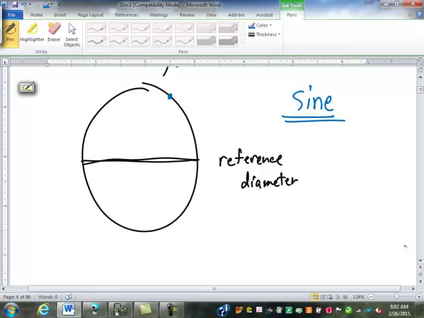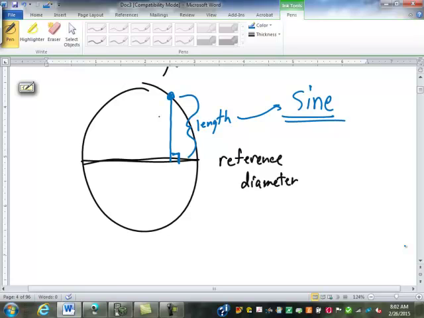If you pick any point on the circle, the sine of that point is the distance to the reference diameter. Now remember, distance between a point and a line is always measured at a perpendicular, at a right angle. So you draw a line from that point to that reference diameter, forming a right angle with the reference diameter. The length of that segment is the sine of that point.